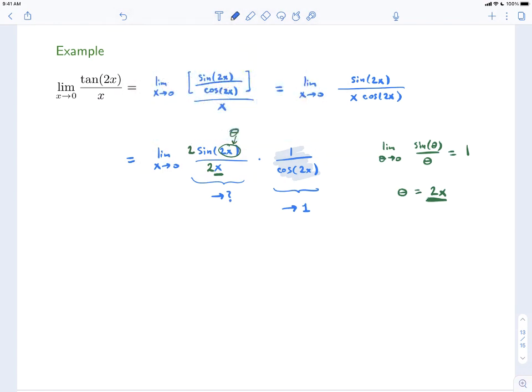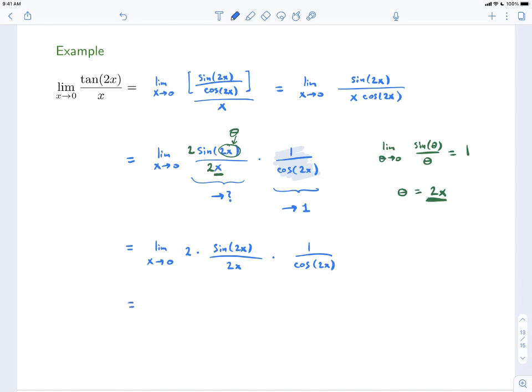So what do you have now? Just putting all this together, you're going to have the limit as x goes to 0 of 2 times sine of 2x over 2x times 1 over cosine of 2x. Now, if a limit exists, you can write a product as the product of the limits.